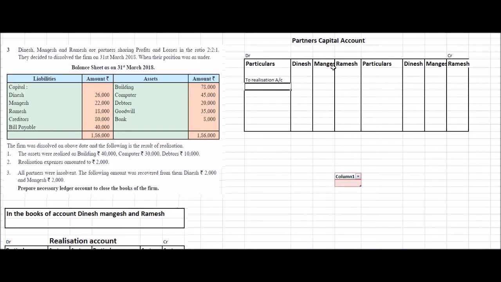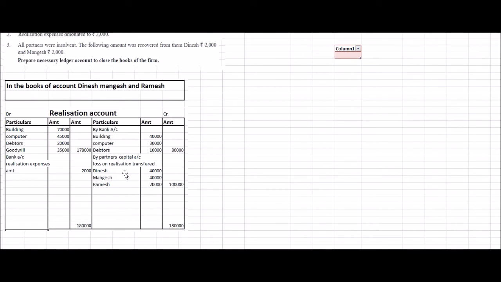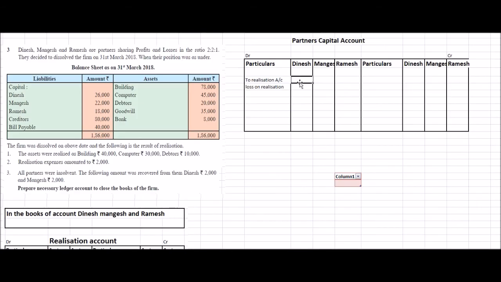Loss on realization transferred to partners' capital account. So the amount is 40,000 for Dinesh, 40,000 for Mangesh and 20,000 rupees for Ramesh. This 40,000 will be transferred to the realization account, 40,000 rupees, and for Mangesh 40,000 rupees, and for Ramesh it is 20,000 rupees.